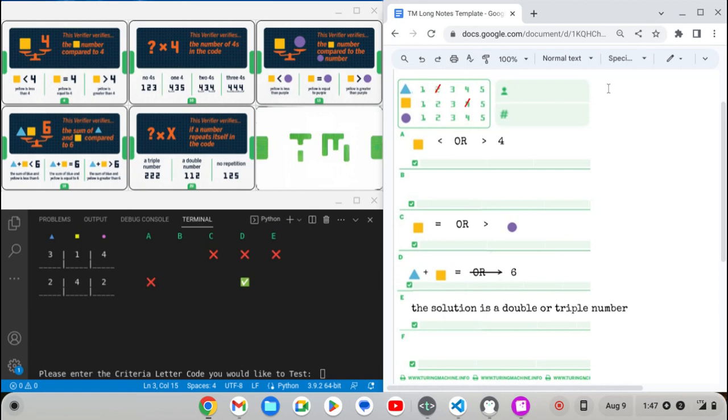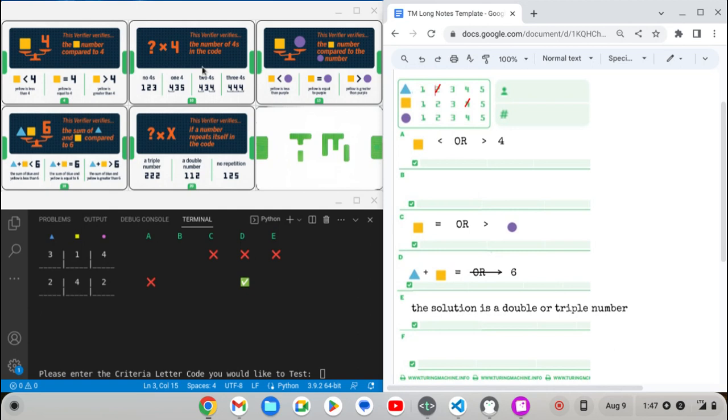Okay. We haven't tested how many 4s there are. That would be interesting. I do have a single 4. We know there can't be 3 4s, because obviously square is not a 4. I think that's all we can say.